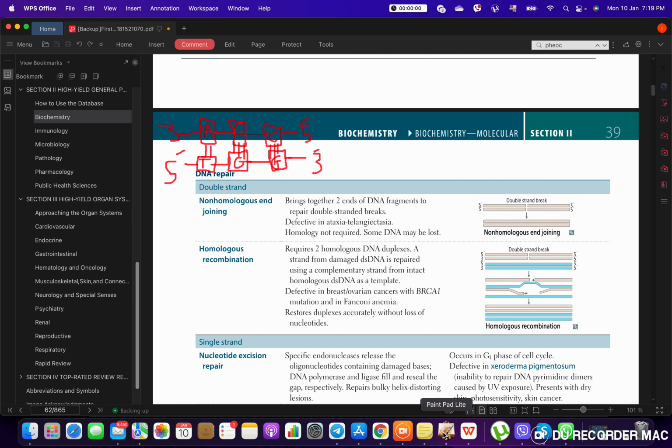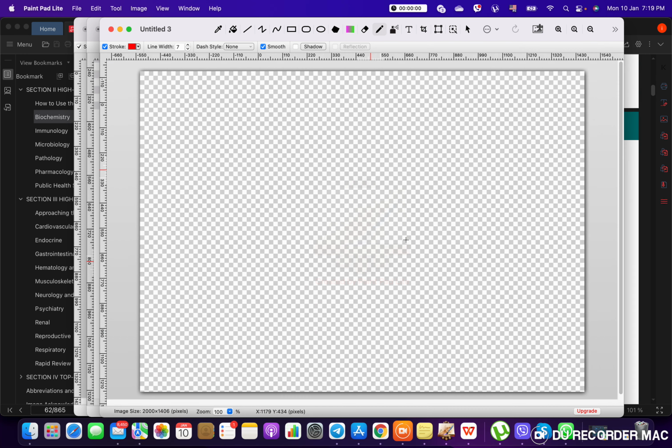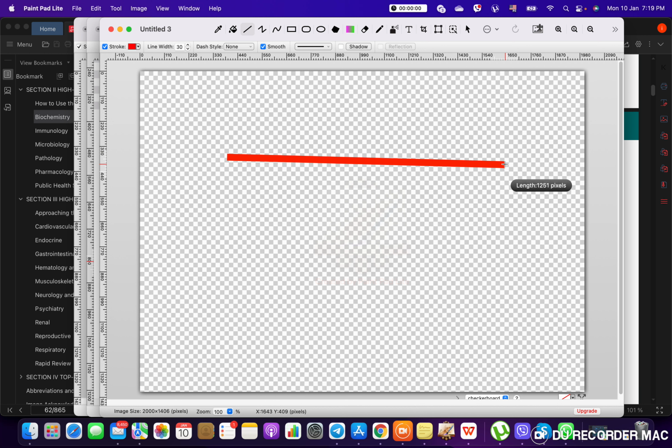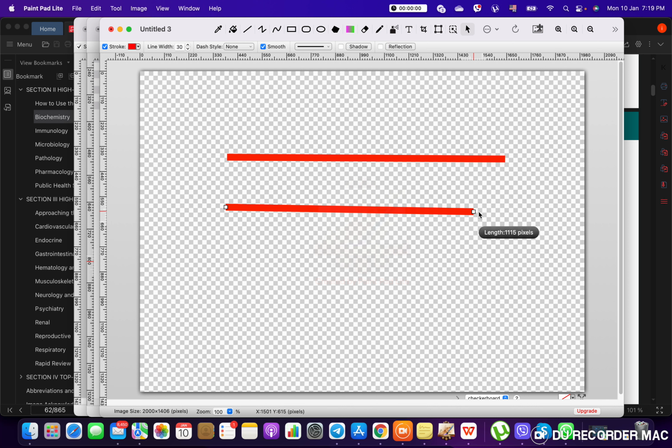Well, the best way to explain this is to draw it. So first of all, let's imagine that this is our first strand of DNA, okay? And this is our second strand of DNA.